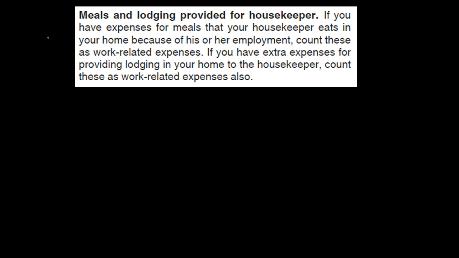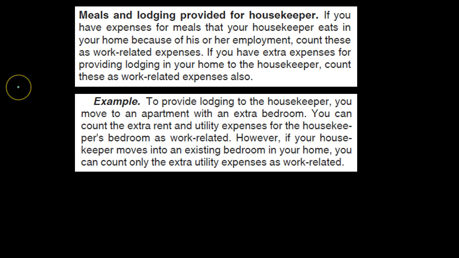Meals and lodging provided for housekeeper. If you have expenses for meals that your housekeeper eats in your home because of his or her employment, count these as work-related expenses. If you have extra expenses for providing lodging in your home to the housekeeper, count these as work-related expenses. So those are going to be, because they're part of basically the pay in this case, so they would be work-related and therefore probably count towards the calculation of the credit.